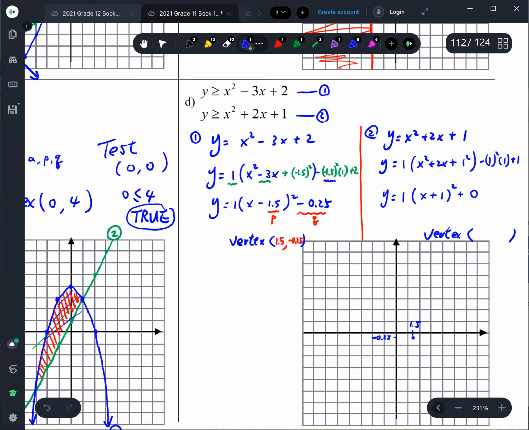Okay, so the vertex, Bernice, where's the vertex for the second graph? 1 and 0. 0 is right, not 1. P is not 1.